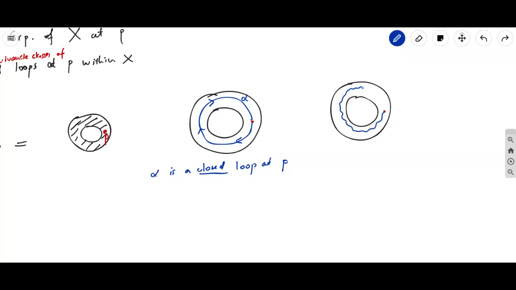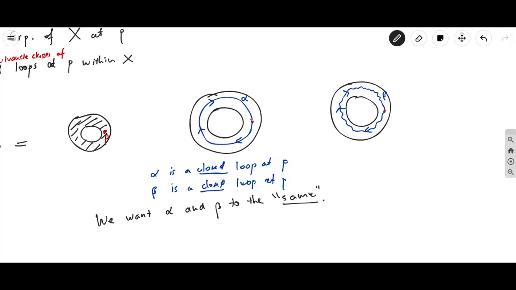It sort of perturbs a little bit as it goes around. It's still going counterclockwise, and let's call this beta. So beta is also a closed loop at P. And what we want to do is we want alpha and beta to be the same.